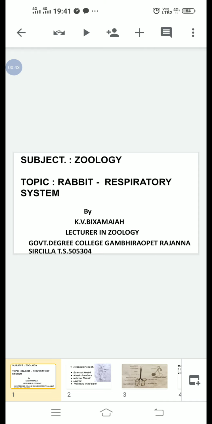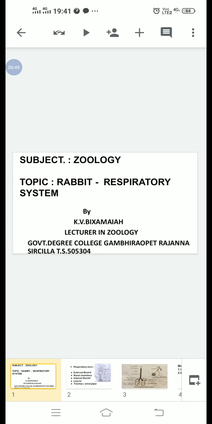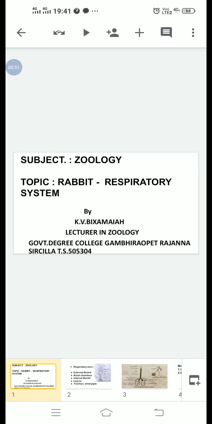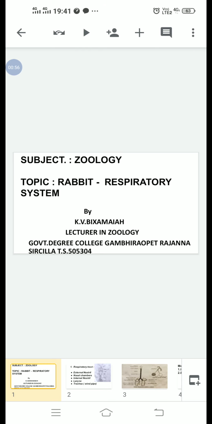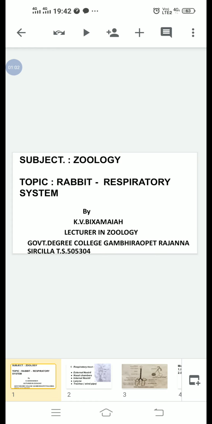Subject zoology. Today's topic is the rabbit respiratory system. Rabbit is a terrestrial animal, so it exhibits pulmonary respiration.